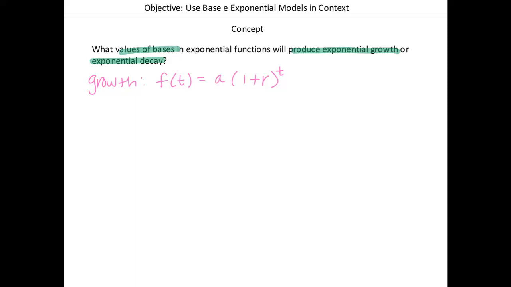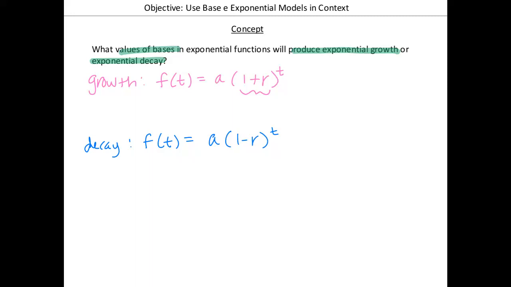And then the decay was f of t equals what? What was the difference between the growth and the decay? The decay had a 1 minus r to the t power. So what type of numbers, when I simplify, were inside the parenthesis here for my base? Was the number greater than 1, less than 1, equal to 1?